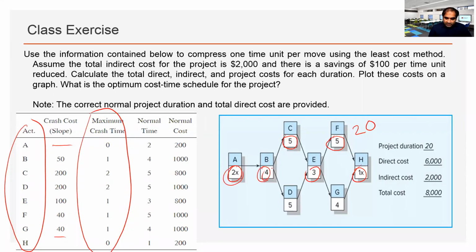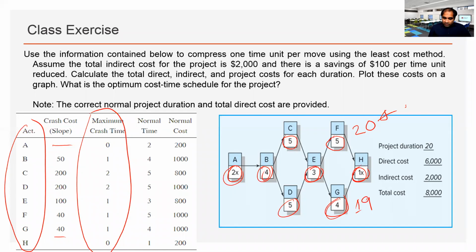Again, 2, 4, 6, 11, 15, 11, 14, 18, 19. Which one is critical path? This one. All right.